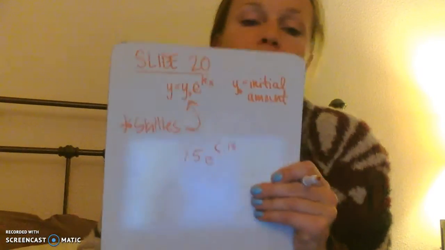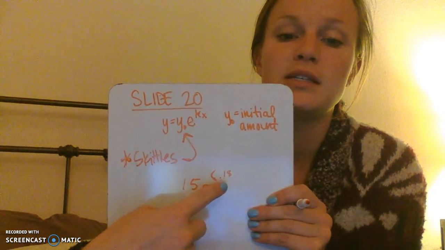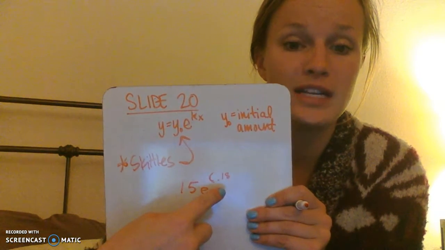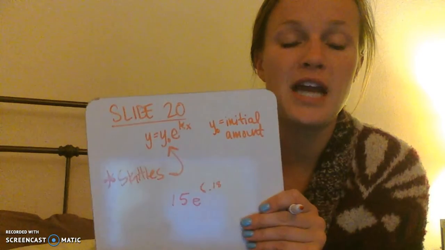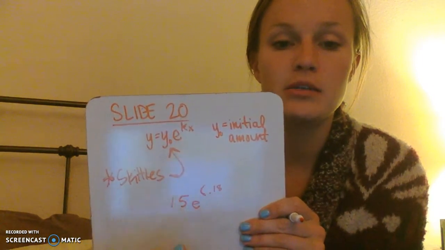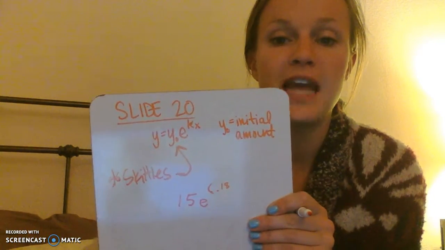And a tricky part about this question is that my growth rate is a percentage daily. So my growth rate is daily, but the question asks me about 1 month later. So I need to express my x, or my time, in terms of days.